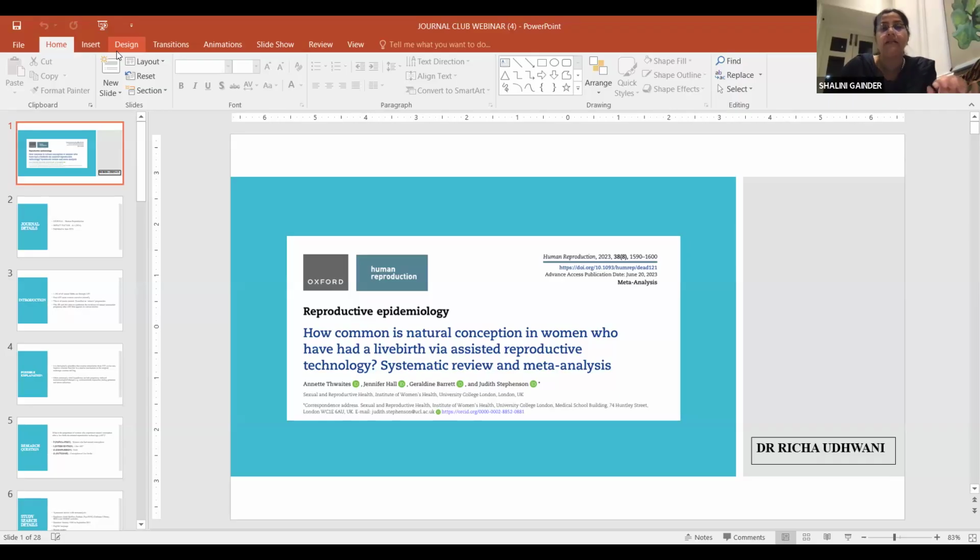But if you look at the research question and the quality of studies which were included and selected into the study, there is a heterogeneity of data and indications. Most of the studies were retrospective. So if you need to actually answer your research question, you need to have similarity or uniformity in the indication for performing an ART.